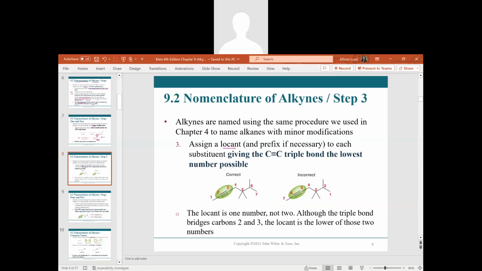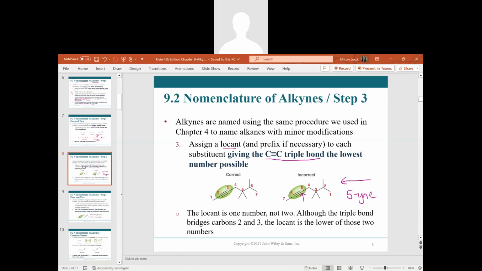So we want this triple bond to have the lowest number possible. So in this situation here, let's look at the right side first. If we number from right to left, our triple bond would be right here. It would be a 5-yne, this compound, when we name it.